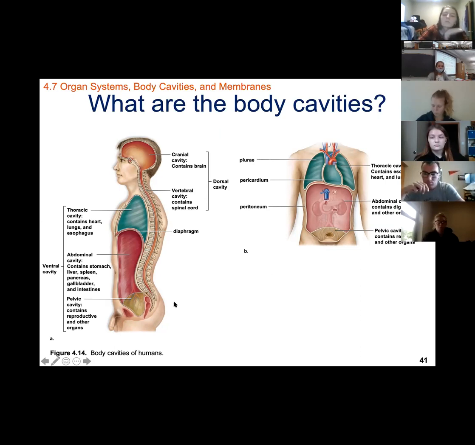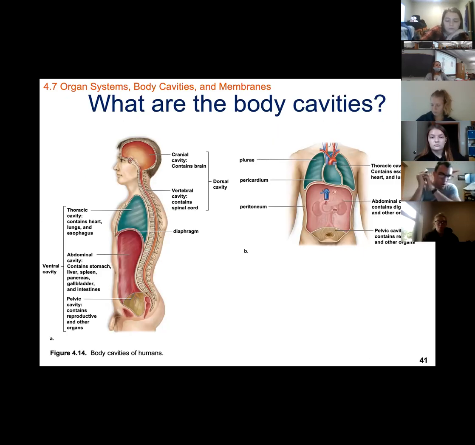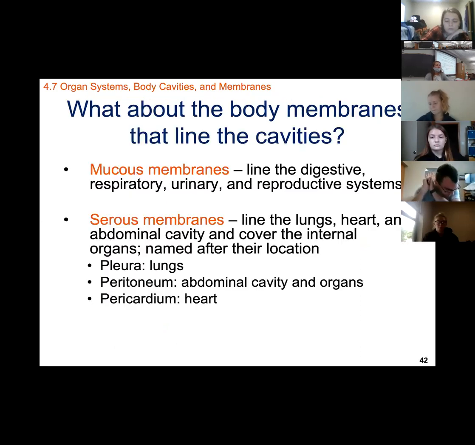Next one. There we go. What about the body membranes that line those cavities? So now we're thinking about these cavities and how are they lined, or how are they created? So you have the mucous membranes. This lines the digestive, the respiratory, urinary, and reproductive systems.